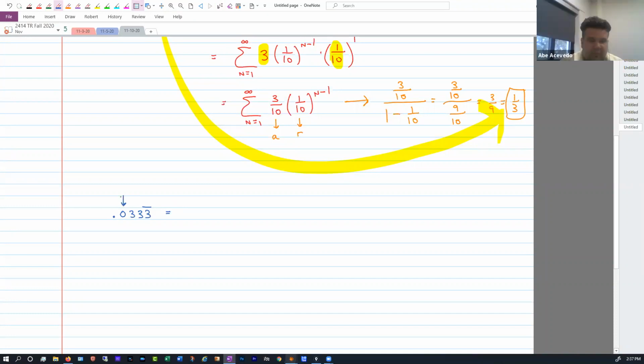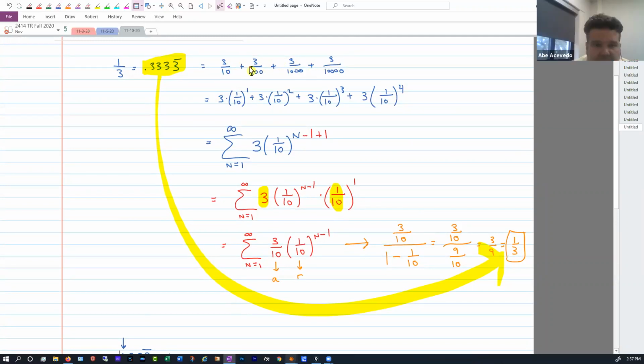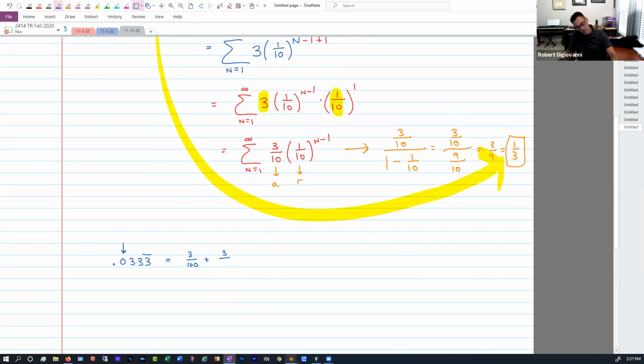So we don't have that 3/10 anymore, but we do have the rest of it, don't we? So we have 3 over 100 plus 3 over 1,000 plus 3 over 10,000 plus 3 over 100,000.